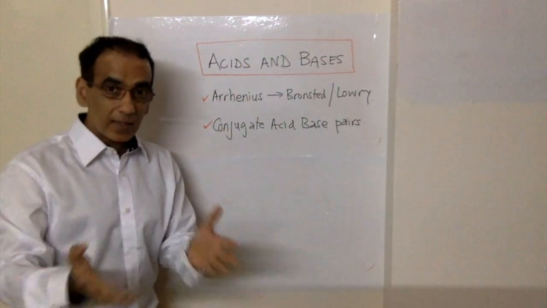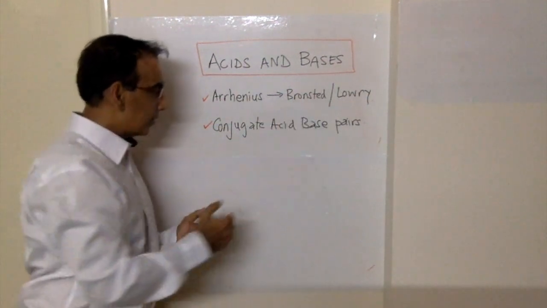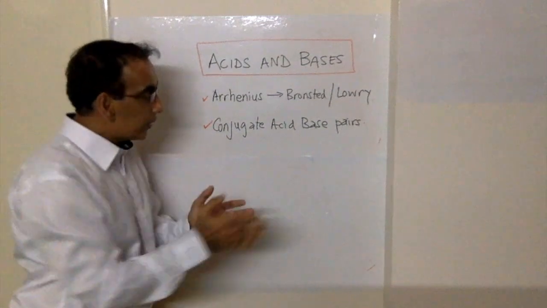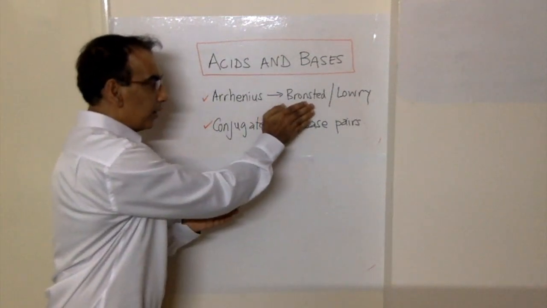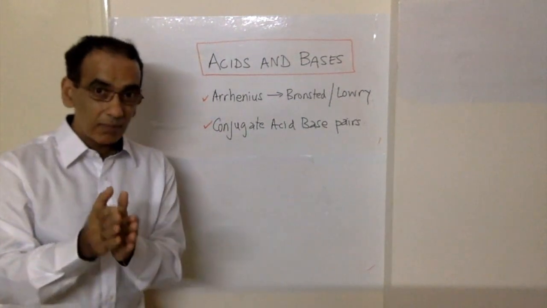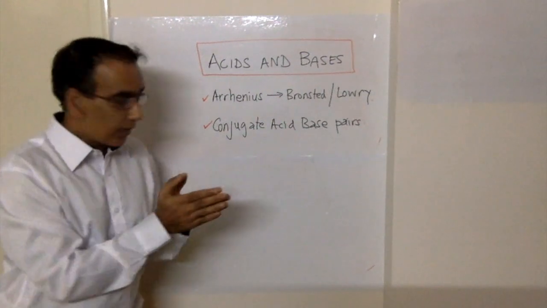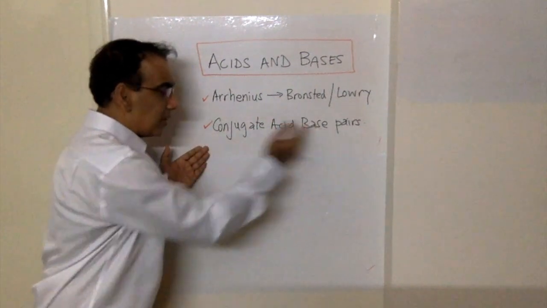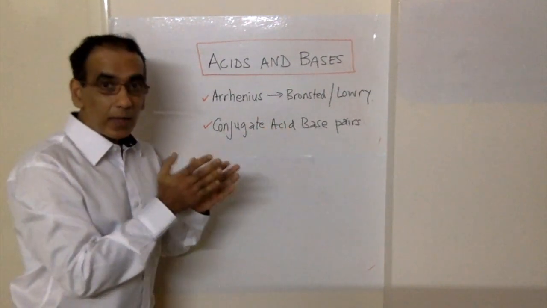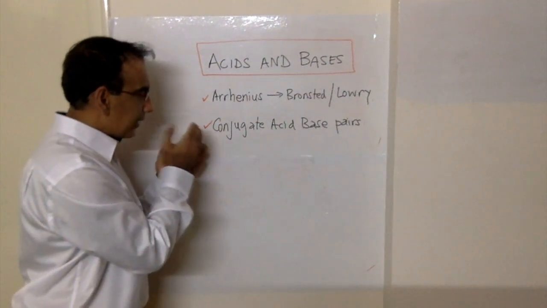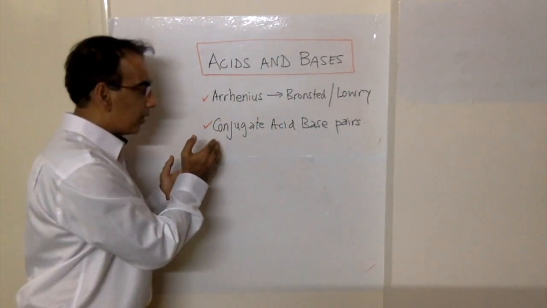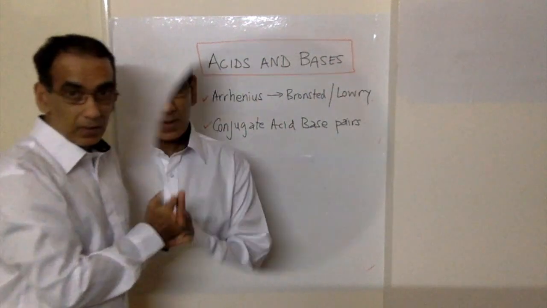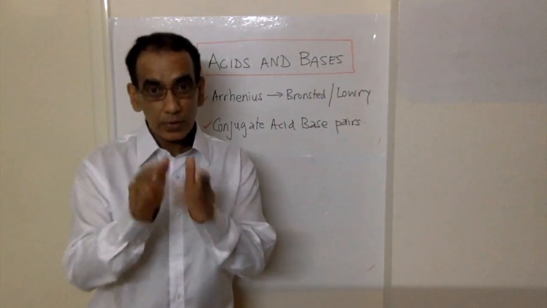And we will define examples of Bronsted-Lowry acids and bases. And then, building out of this definition of acids and bases given by Bronsted-Lowry, we will identify conjugate acid-base pairs and consider ways of identifying the members of a conjugate acid-base pair. So let's move in and take a closer look.